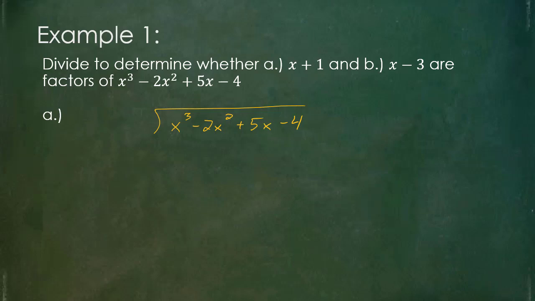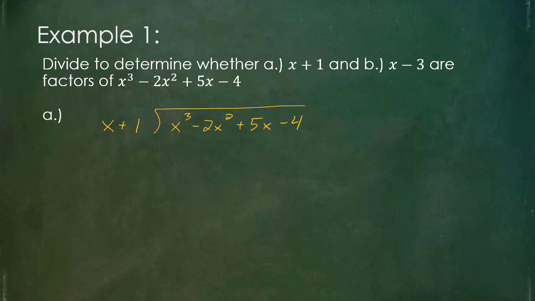Always be mindful if there are any terms missing from the highest power on down. A power of 3 on the first one, a power of 2 on the second, a power of 1 on the third, and my constant. I did not skip any terms, so I didn't need any placeholders like a 0. For part A, I want to divide by x plus 1, so x plus 1 is the part that goes out front.